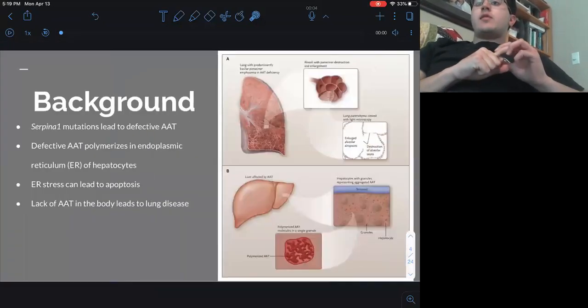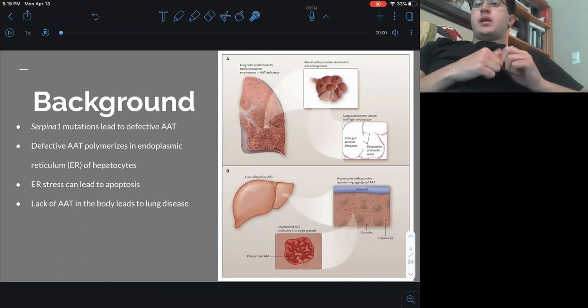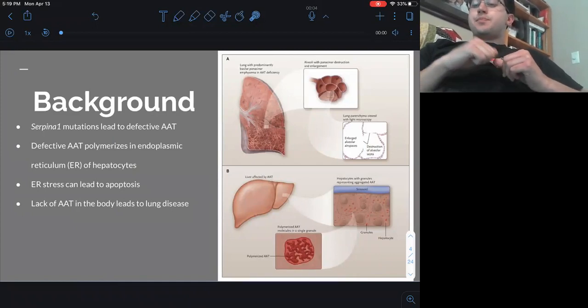So a little more background on the disease. Mutations in SERPINA1 lead to a defective form of AAT, so it changes that conformational shape of the protein. And so oftentimes this defective AAT polymerizes within the hepatocytes.